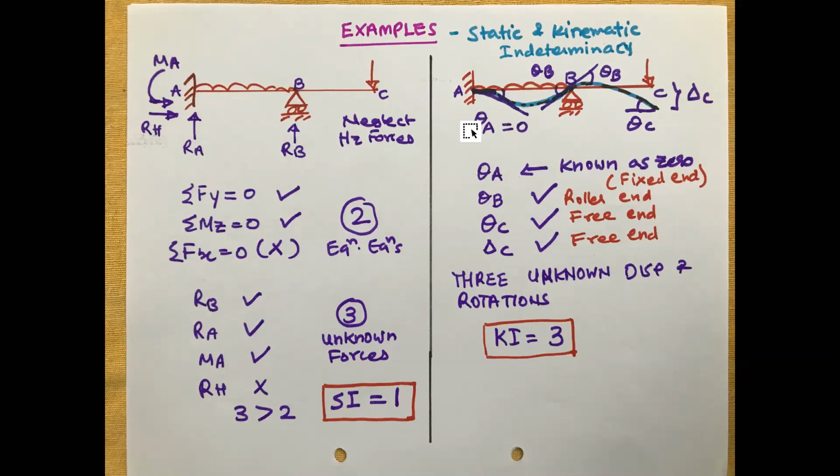So because of fixed, theta A and delta A are 0, these are known quantities. So these are not unknown, and I will not include them when I calculate kinematic indeterminacy.